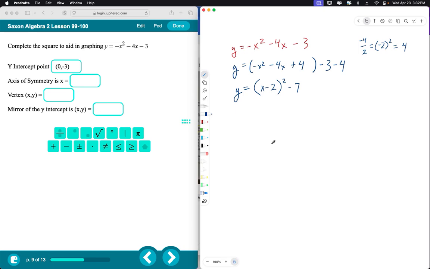Okay, so now this gives us our axis of symmetry. The opposite of this number is positive 2. So the axis of symmetry is positive 2. So we put that in here, positive 2. And the vertex is going to be the axis of symmetry plus this number. So the vertex is positive 2, negative 7.